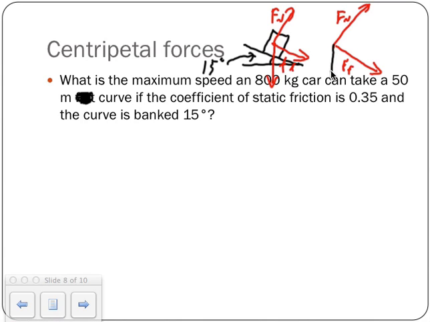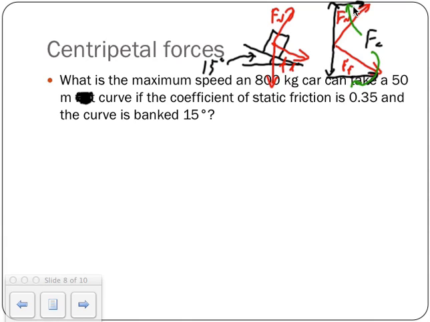So our frictional force we could break up into two parts. Our normal force we could break up into two parts. And so the centripetal force then is actually going to be equal to the sum of the x components of the frictional force down here and of the normal force. And so we're going to have to add up those two to find the centripetal force.